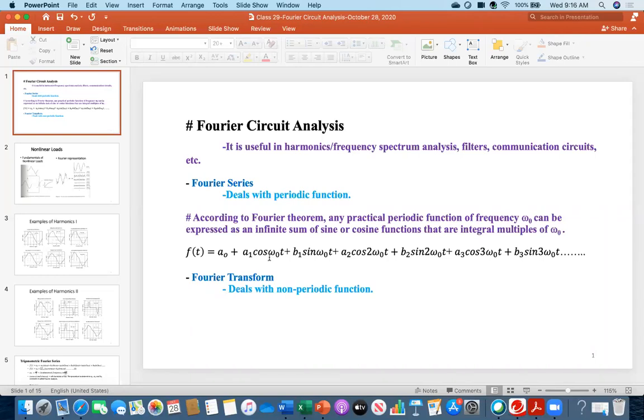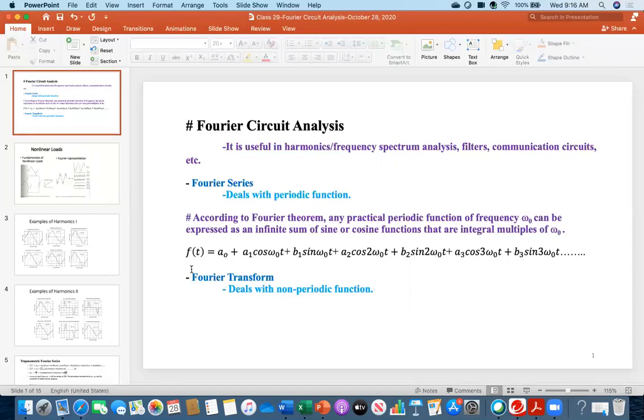So as you can see, this function has been decomposed into several components, but these are all cosine or sine. Sine or cosine is not the problem, just a 90-degree phase shift. But you see the very first term, A naught. A naught does not have any cosine or sine term. So what does that mean? This means A naught is the DC component because this is a constant value.